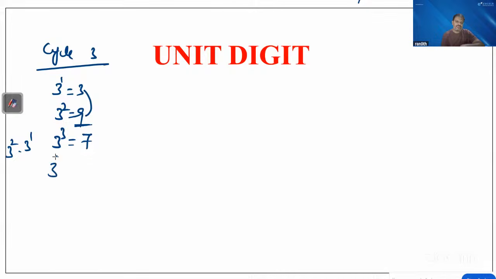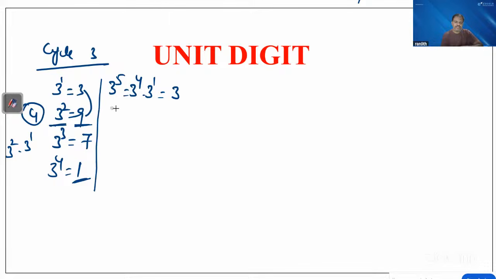Next, 3 power 4 is 3 square into 3 square, 9 nines are 1. Next, 3 power 5 is 3 power 4 into 3 power 1. 3 power 4 is already 1, so 1 into 3 equals 3. So here also, after 4 steps we have the repetition.